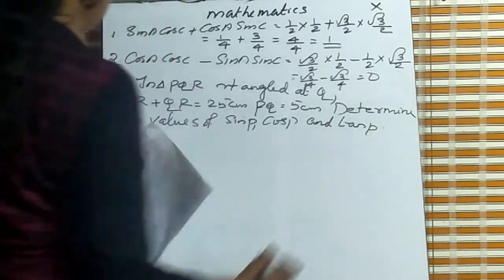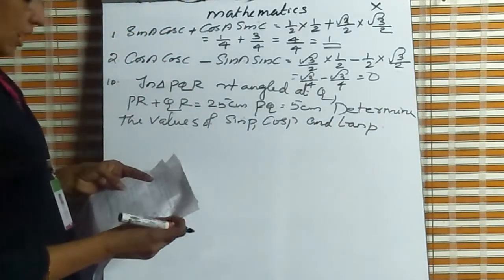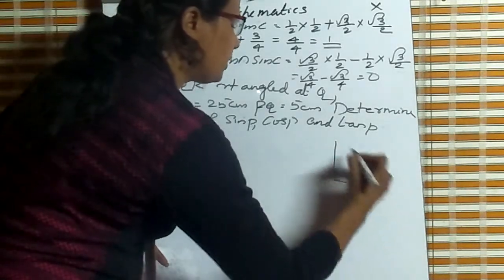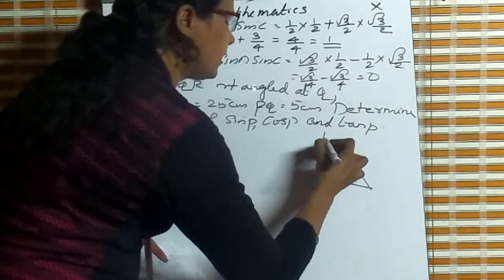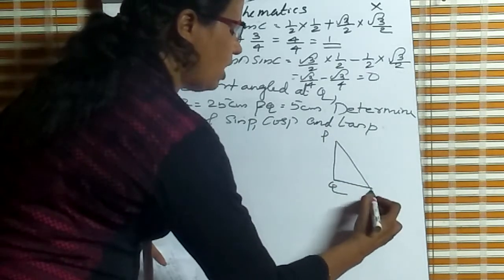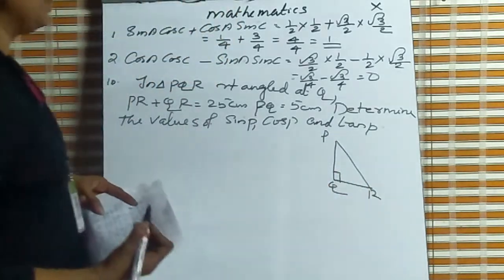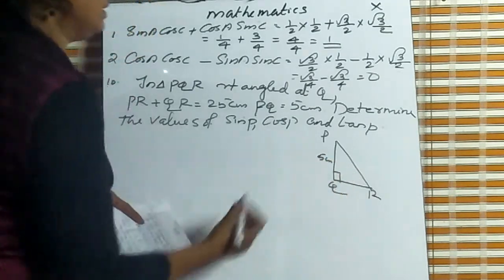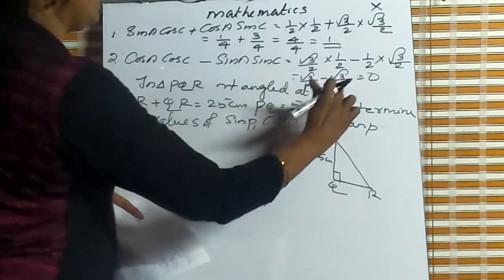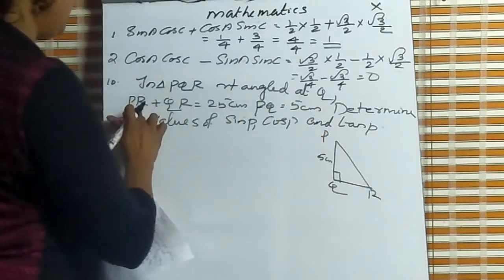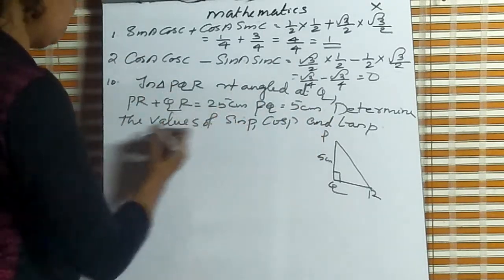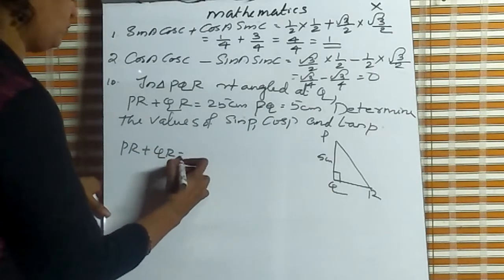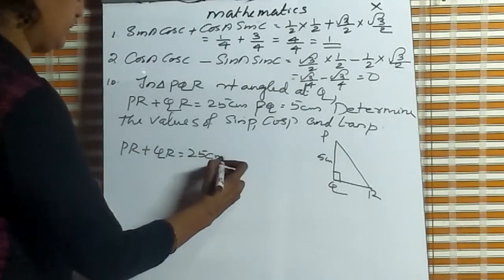Read the question. In triangle PQR, right angled at Q. So we draw a rough figure of a right angled triangle PQR, right angled at Q. Then given PQ is 5 centimeter and PR plus QR is equal to 25 centimeter.